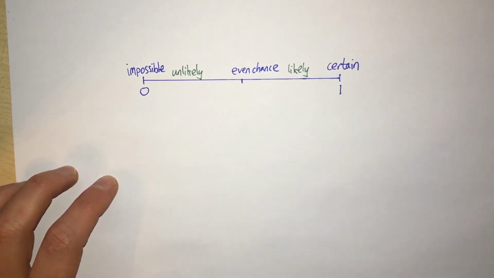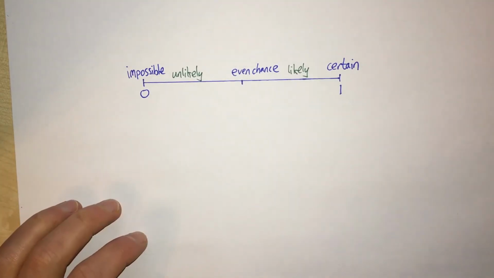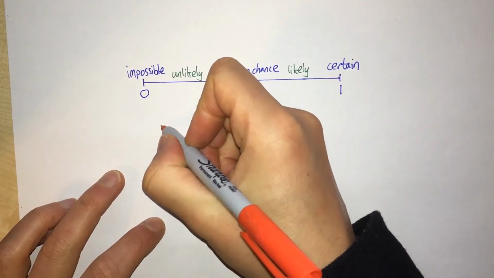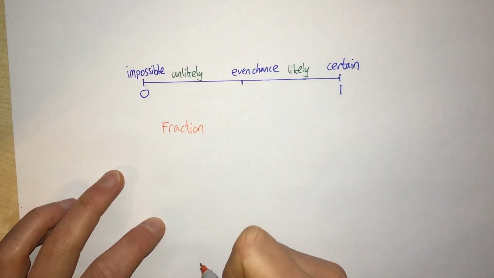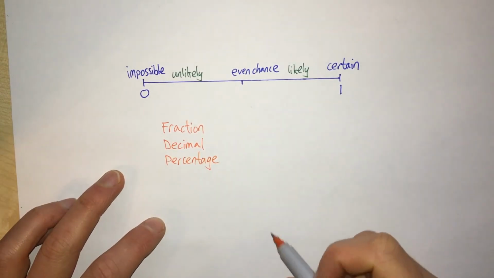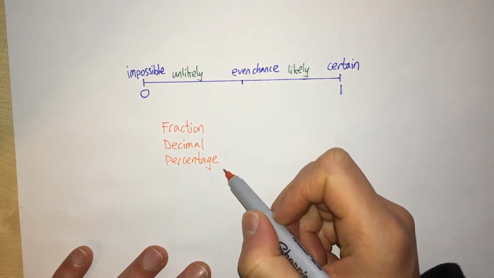Let's now look at probability in numbers. We can express a probability as a fraction, a decimal, or a percentage, because each of these help us to write a number that's part of a whole.